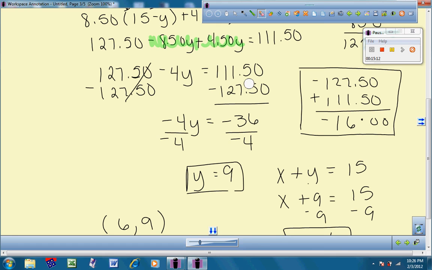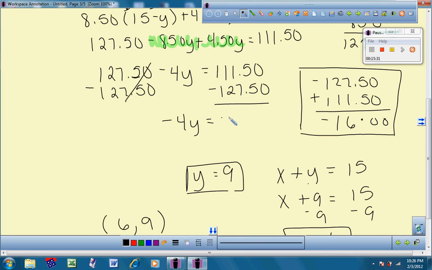111.50 and a negative 127.50 is not a negative 36. However, it is a negative 16. So let's go ahead and replace that. Now when we divide out the negative 4, alright, we don't get 9. It was looking good in the beginning, but that's not correct.